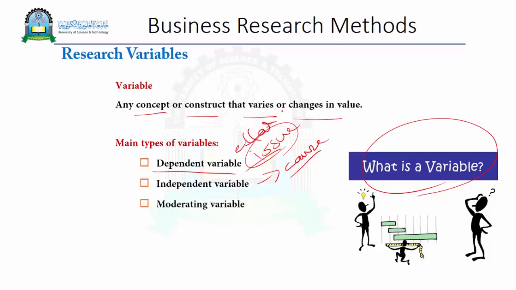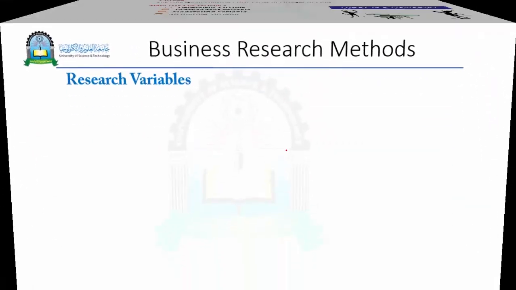The third one is the moderating variable, which is a variable which changes the relationship between the cause and effect. The fourth one is the mediating variable, which is a variable that can connect the IV and the DV, the independent variable and the dependent variable.